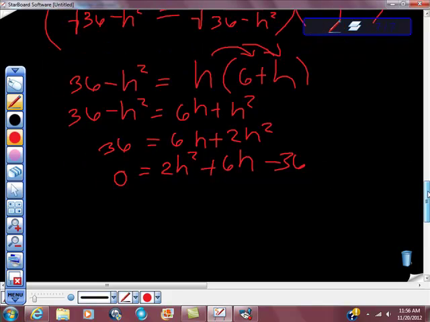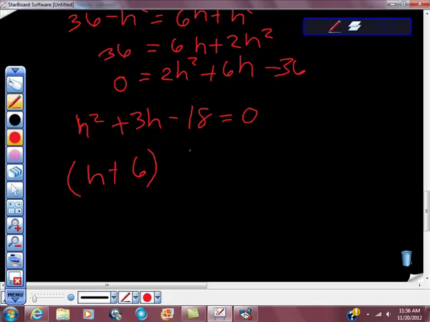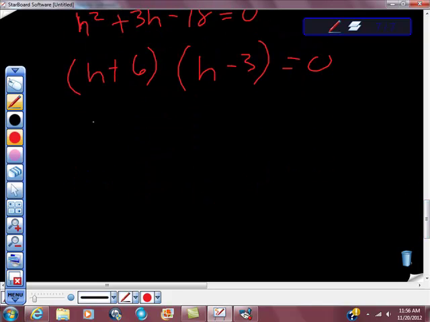If you factor that out, we'll have 2 times h squared plus 3h minus 18 equals 0. And if you find the two factors for that, we'll have h plus 6 and h minus 3 equals 0. So we'll end up with h equals negative 6 and h equals 3.